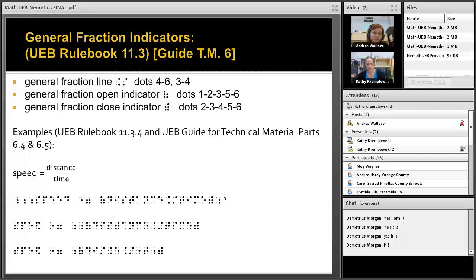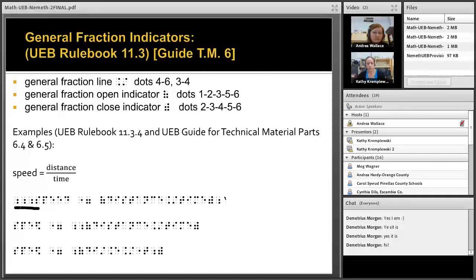Well, speed is 1, the equals is 2, distance over time is 3. So we can use the grade 1 passage indicator, the 3, 5, 6s that Andrea has helpfully underlined, to set the uncontracted mode. And so then everything has to be spelled out. So you've got speed, the space, that equals, and then open general fraction, distance over time, closed general fraction.